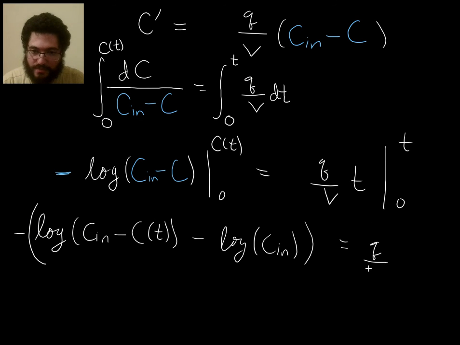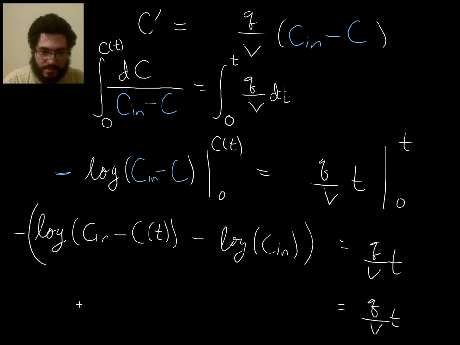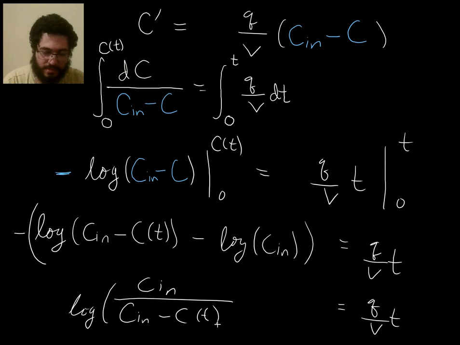So just Q over V T. Okay. Q over V T. And then let me rewrite the left-hand side. So that's log of Cn over Cn minus C of T. So that looks pretty good.